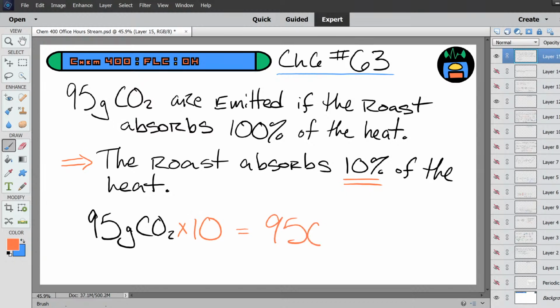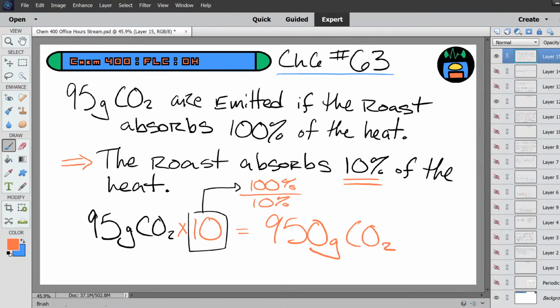So 950 grams of CO2 are produced. And where this comes from is just 100% divided by 10%. If it's only absorbing a fraction, then 10 times as much will be produced.